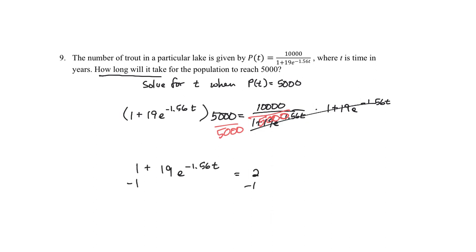Now I can subtract 1. And then divide by 19. Because again, what I'm trying to get is the base and the exponent. This is the exponential term. I'm trying to get this all by itself so I can use a logarithm.